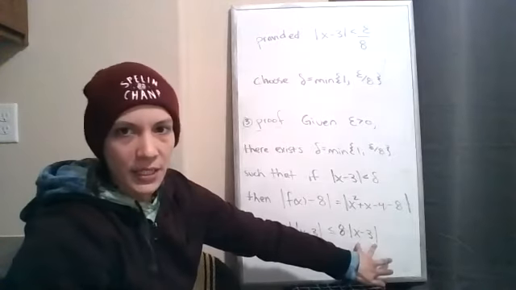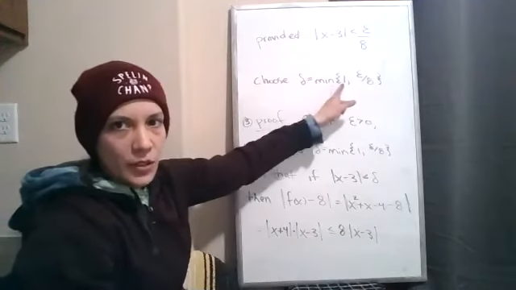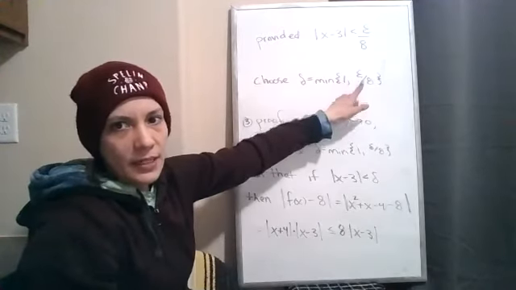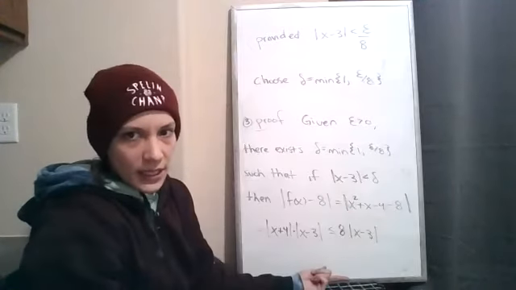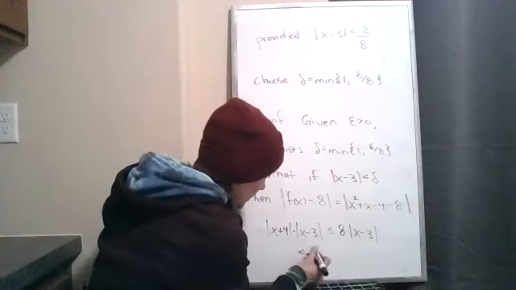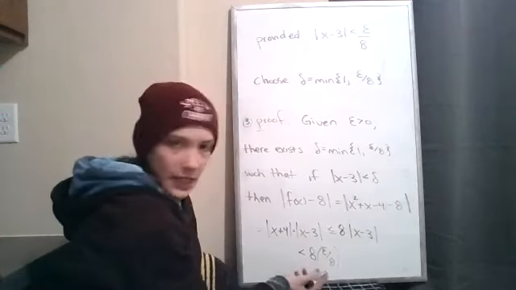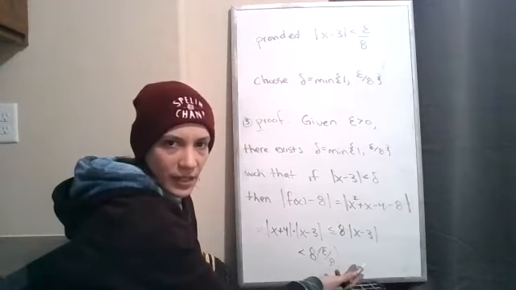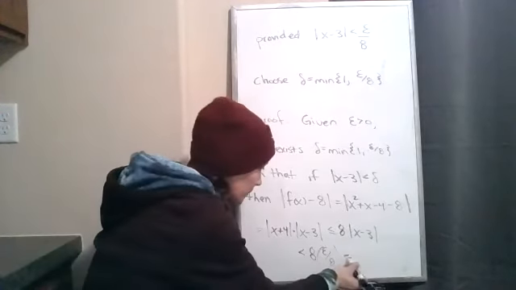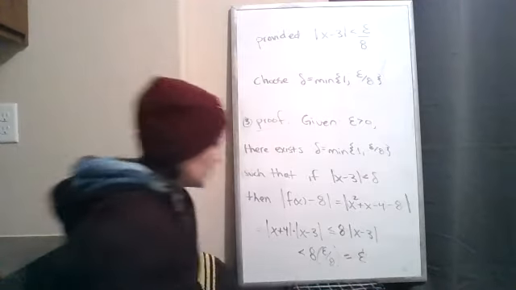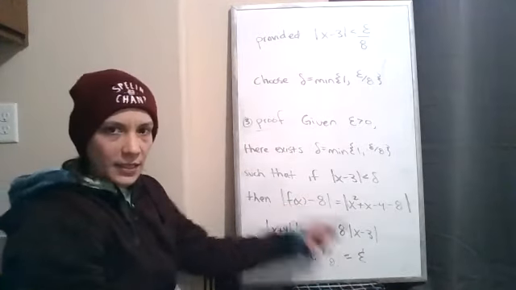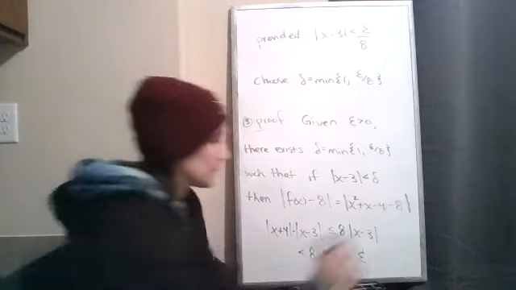The absolute value of x minus 3 is less than delta, which could be 1 or epsilon over 8. Put in less than 8 times epsilon over 8. The 8 over 8 reduces to 1, and you've got epsilon. So you've got your difference between f of x and L less than epsilon, and then you're done.